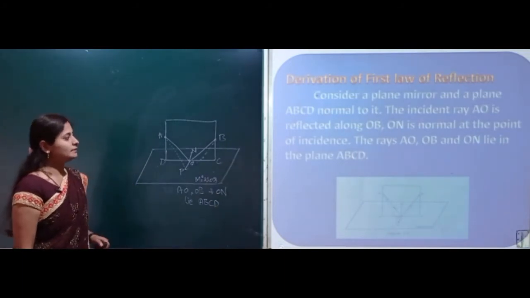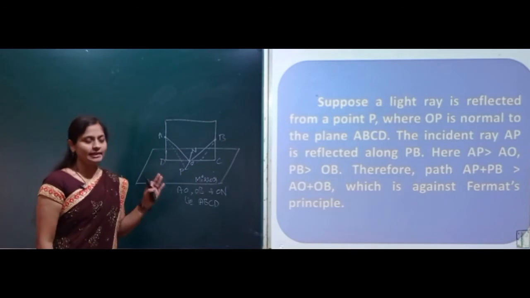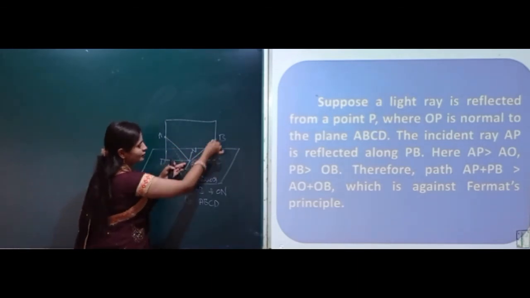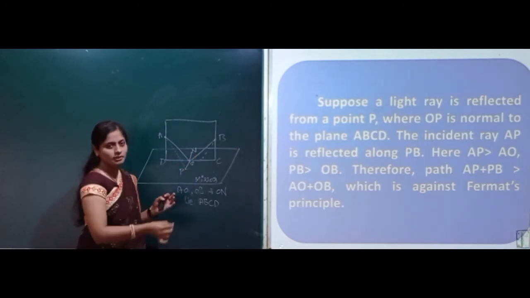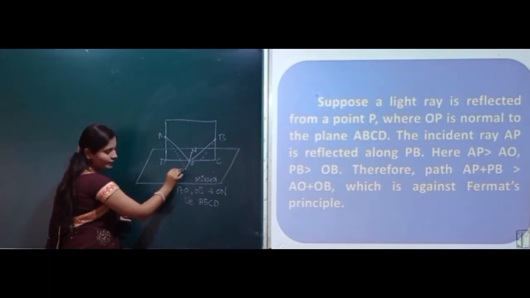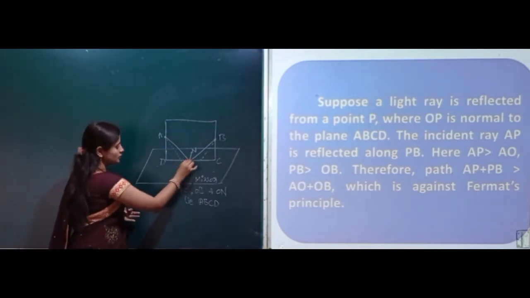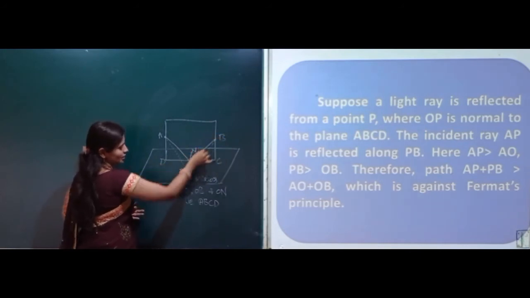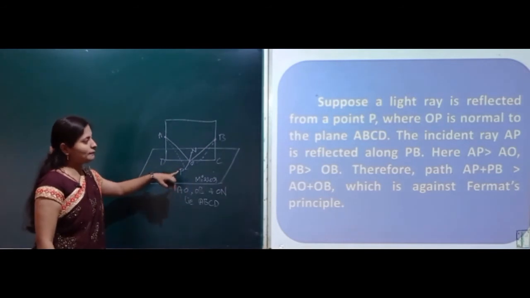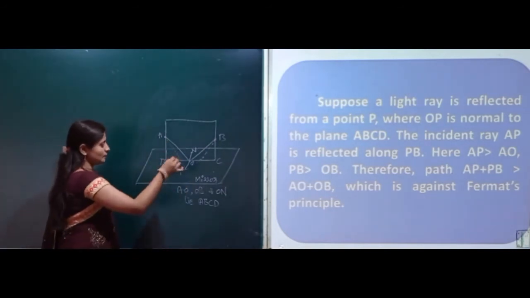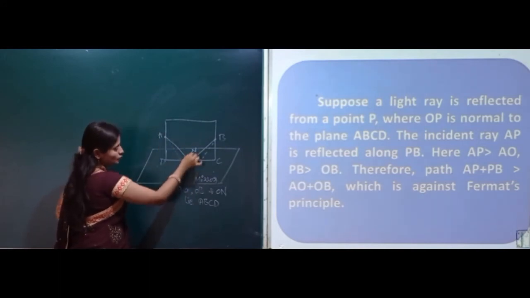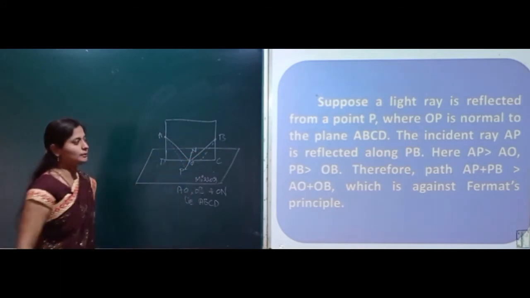Next, suppose a light ray is reflected from a point P. Suppose the reflection takes place at this place; we have to draw a point P. Connect AP as well as BP. Suppose a light ray is reflected from a point P where OP is normal to the plane ABCD. Here the normal is OP.